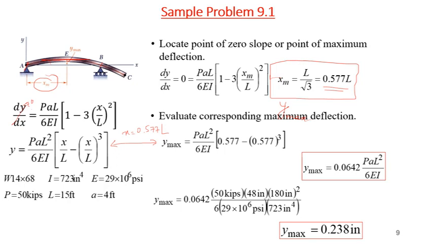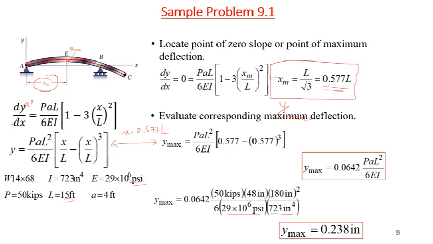So P is 50 kilopound, A was 4 feet, so 48 in terms of inches, because E is also in inch. And 15 feet we converted into inches, that will become 180 inch, divided by 6 times E, Young's modulus, and I, the moment of inertia.